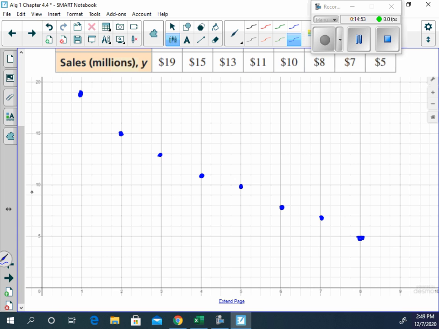And so what we want to do is now kind of plot a line of best fit. So I kind of want to draw a line kind of through these points where we'd have about the same number above it as below it. Let's see here, straight line.